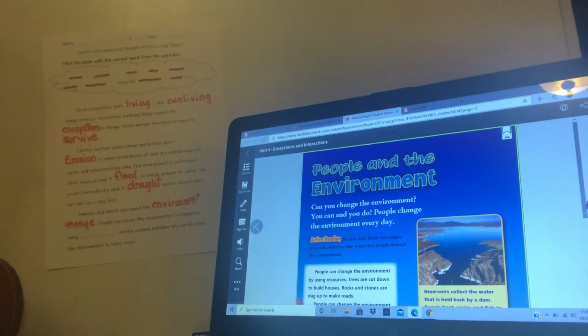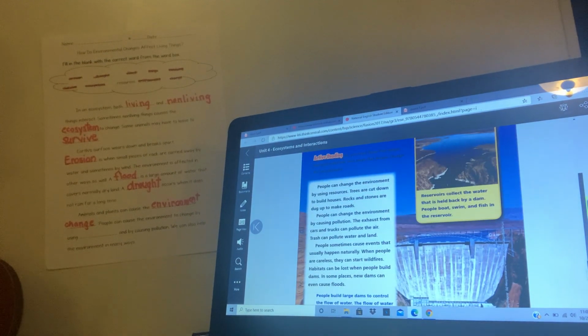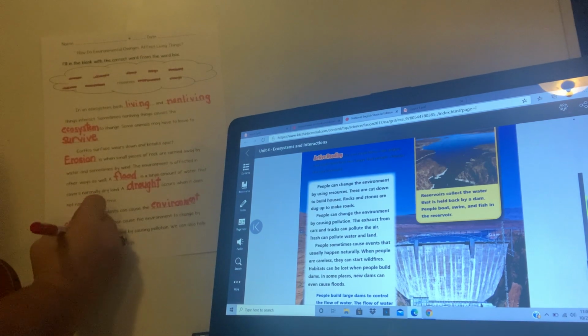Here's the next topic. It says people and the environment. And if we go down here, it says people can change the environment by using resources. That's what we need to fill in for our very last one.